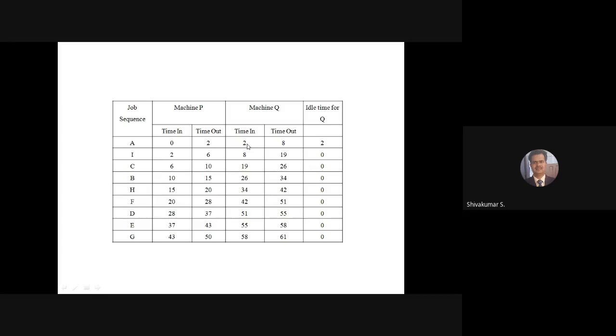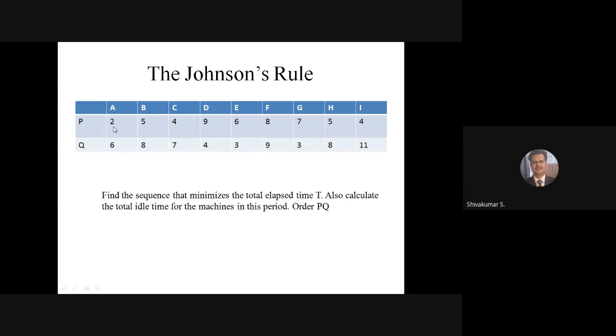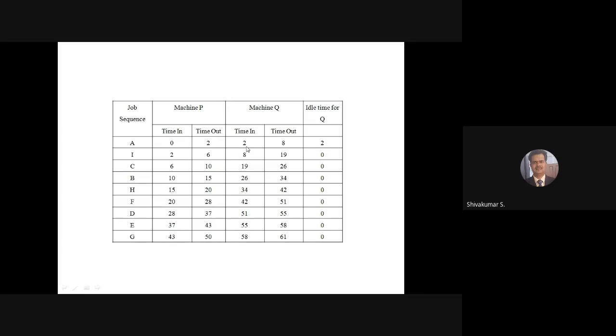Okay. And job A has got how much time here? Job A has got 6 minutes processing time on Q. So that's why 2 plus 6, 8. Machine P, the job has got 2 minutes of processing time.